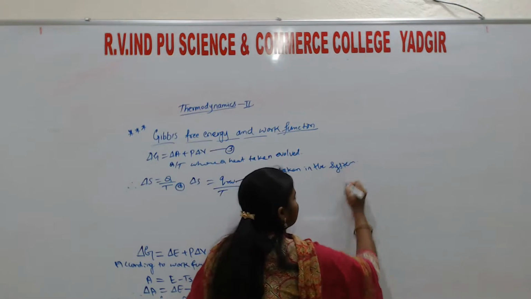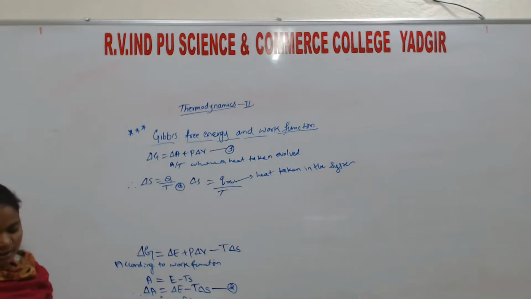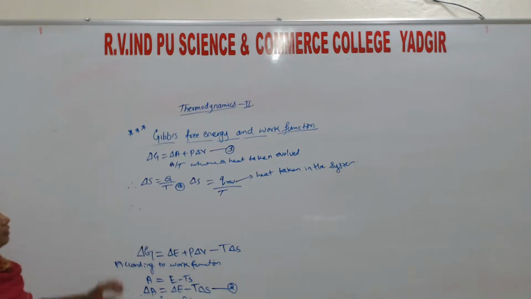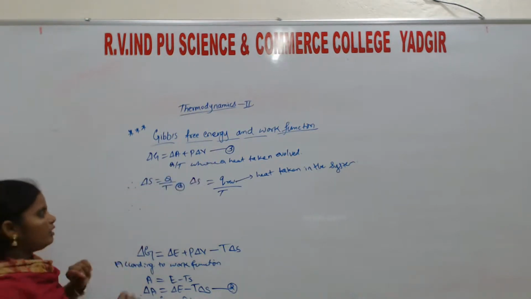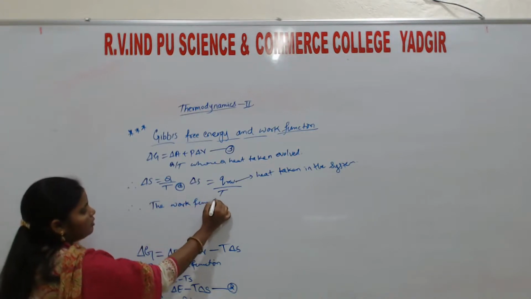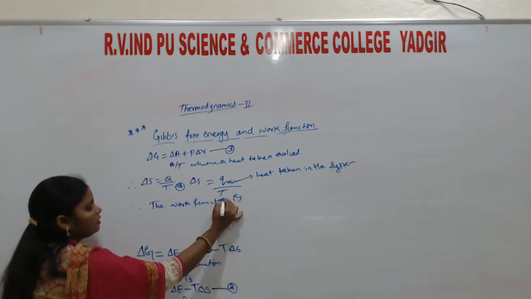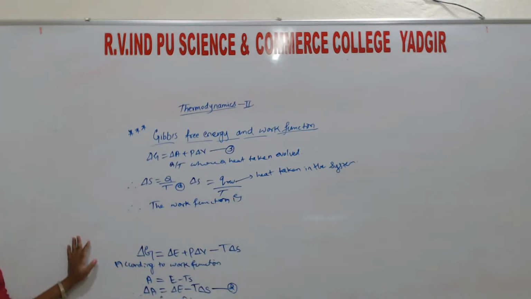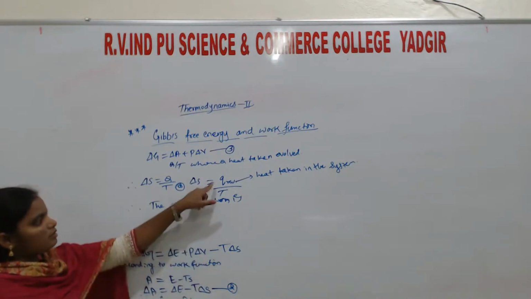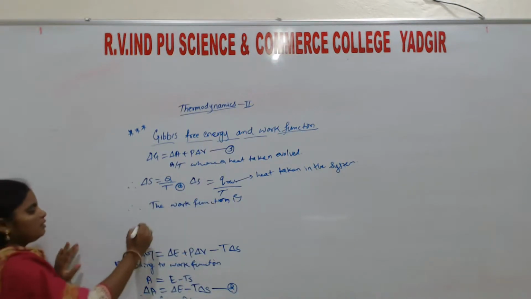Therefore, the work function delta A can be given as delta A equals delta E minus T into delta S, where T delta S is Q reversible.